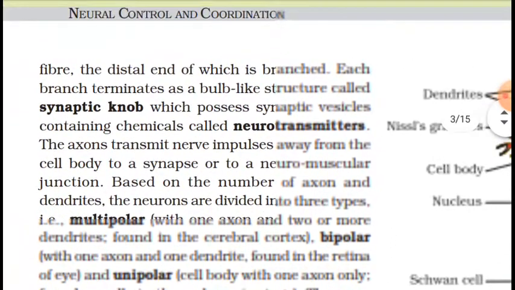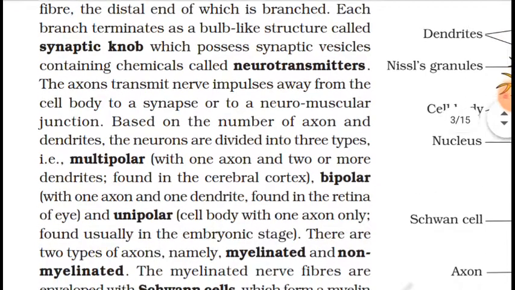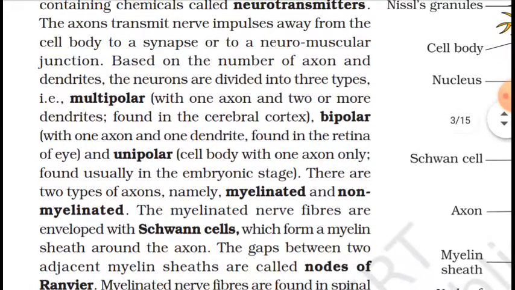Then the physical gap between two sequentially arranged neurons is the synapse, where the synaptic knob is there, the synaptic gap is there, and neurotransmitters are secreted from here. On the basis of the number of axons and dendrites, neurons are divided into three types: multipolar, bipolar and unipolar.